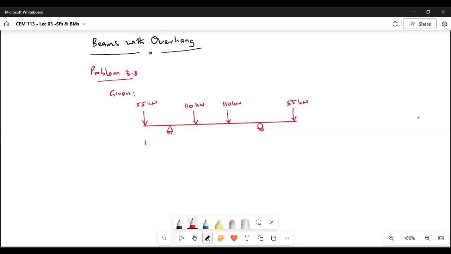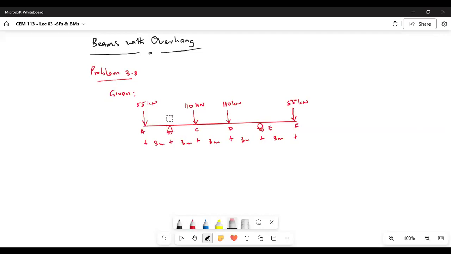So let me try to put the dimensions. Everywhere is 3 meters. 3 meters, 3 meters, 3 meters, 3 meters, 3 meters. So this is A, this is B, C, D, E, okay, F. If I can even bring this B at the top here, I can bring it down.